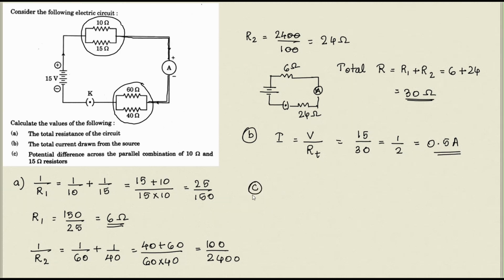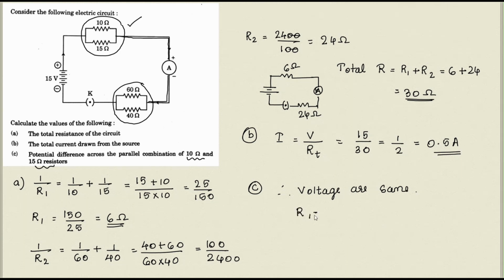Next, C part of the question, potential difference across the parallel combination of 10 ohm and 15 ohm resistor. That means this R1. Now, 10 ohm and 15 ohm are parallel to each other. Therefore, we can say the potential difference, the voltage shared by these two, are same, isn't it? So we already found the effective resistance of 10 ohm and 15 ohm. How much is it?